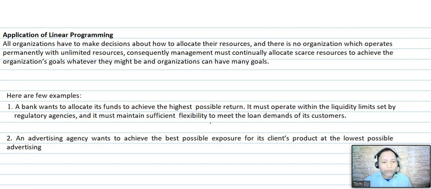So very clear for this part, in our example, a bank wants to allocate its funds in order to meet the loan demands of its customers. Another example in the application of linear programming is an advertising agency that wants to achieve the best possible exposure for its client's product at the lowest possible advertising cost.